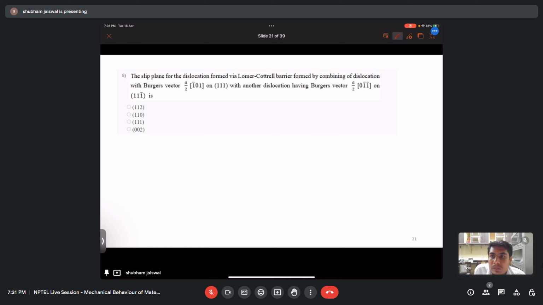So they are asking us for the slip plane of the Lomer-Cottrell barrier. Please try to answer it, guys. I will draw the figure for you so that you will easily understand.